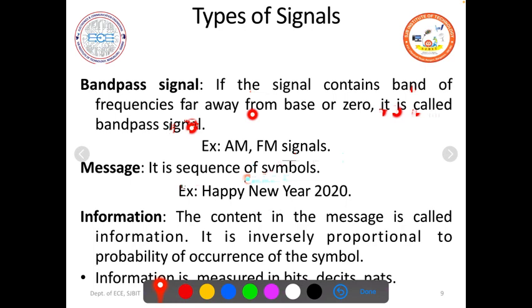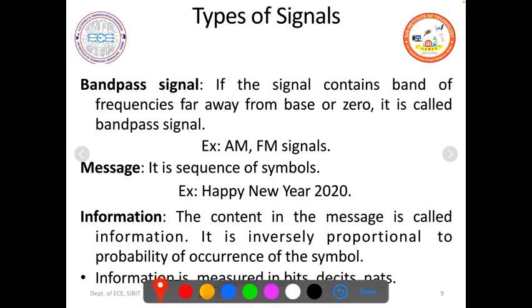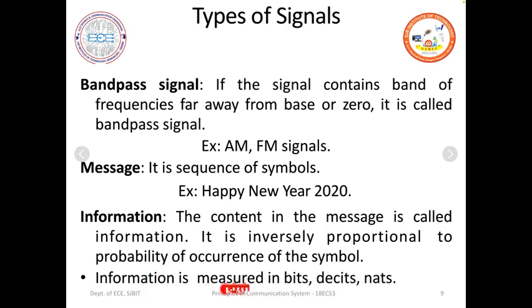Information means the content present in the message. Here information is inversely proportional to the probability of occurrence of the symbol. Now, how do we measure information? Information is measured in terms of bits, decits and nats.